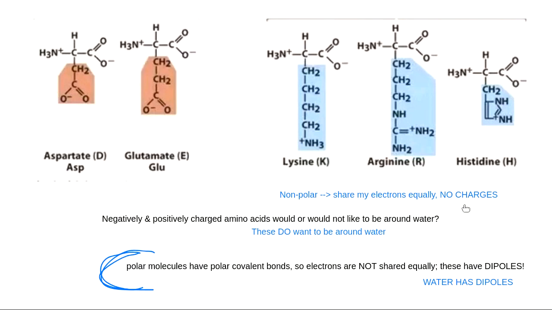Yes, if you have a charge, whether you're an amino acid with a charge, or whether you're an ion, like our favorite ions to talk about, right? Sodium, or we like to talk about potassium, we like to talk about chloride. All of those guys cannot get through the membrane because they have a charge.